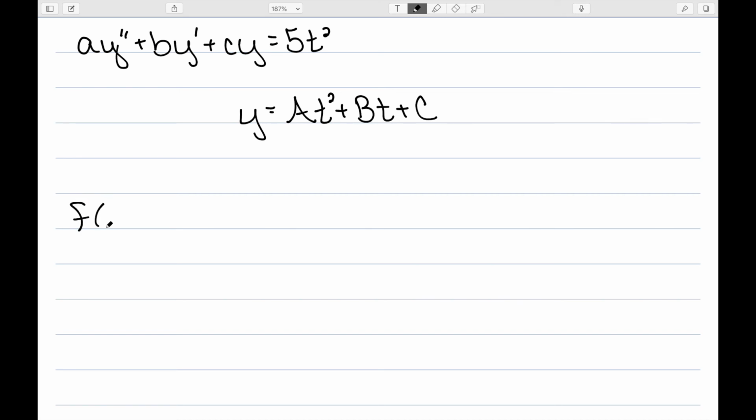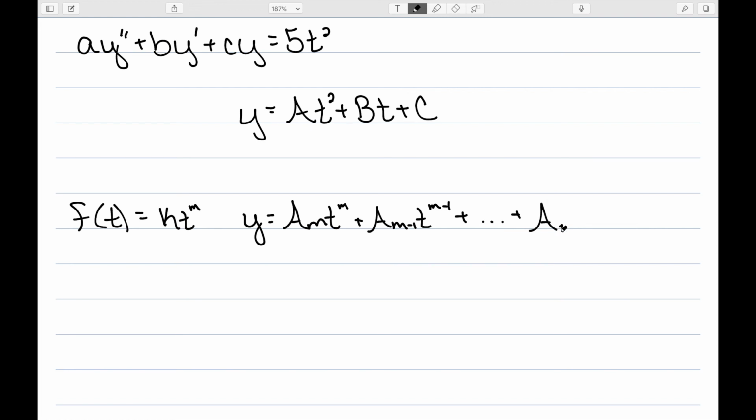In general, if f of t is of the form kt^m, then we know that y is going to be of the form a_m t^m plus a_(m-1) t^(m-1). We continue this until we get to a_1 t plus a_0. So we essentially just build a polynomial of the same degree with general coefficients, and then we do this process.